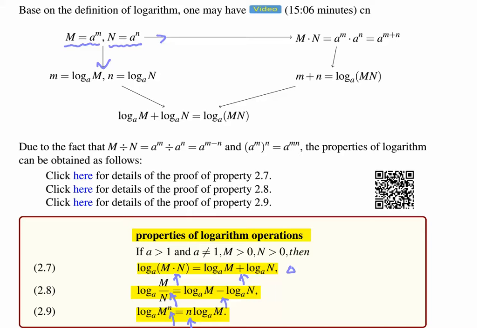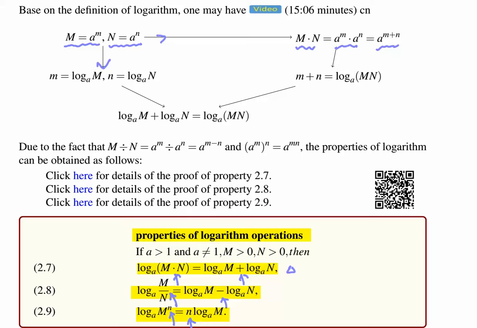Horizontally, m times n will be a to the little m times a to the little n. And then we may just add: a to the m plus n.